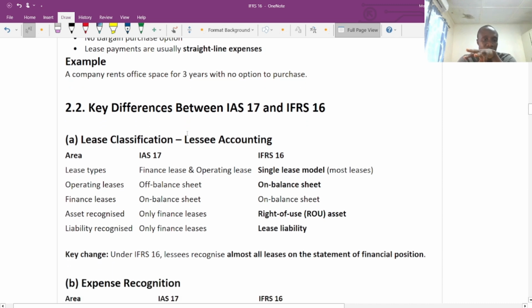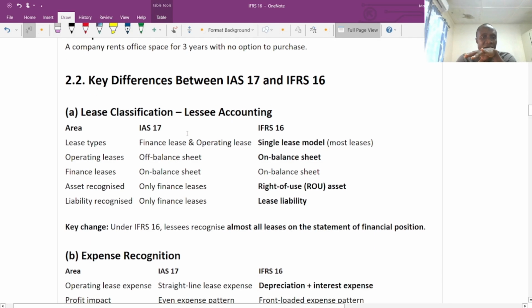One key difference, we are going to look at the lease type. For IAS 17, this is for the lessee. For IAS 17, finance lease and operating lease is what we are going to use to account for the lease type. Now, for IFRS 16, there is a single lease model, which is mostly used.